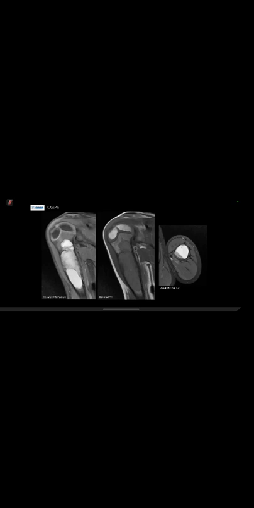So could it be, I'm not sure, could it be a brown tumor? But it's showing me the fluid levels, so my differential of bone cyst is on the top. Simple bone cyst. Okay, simple bone cyst.